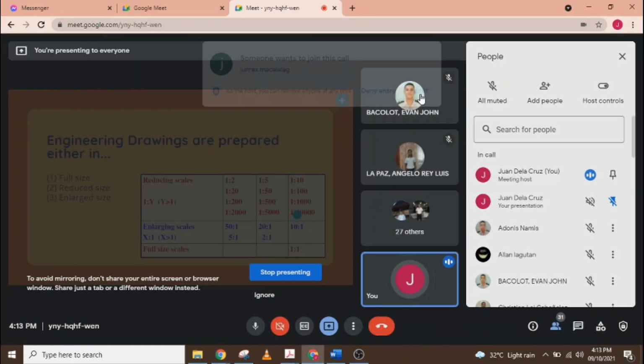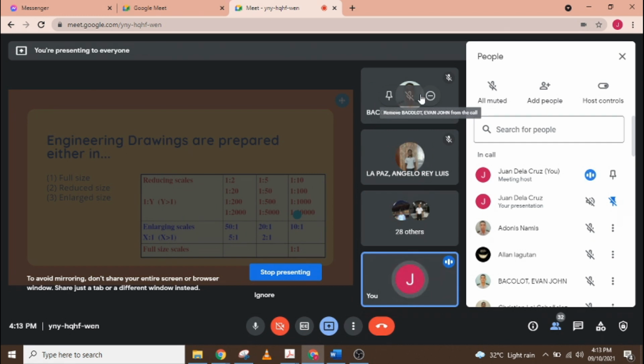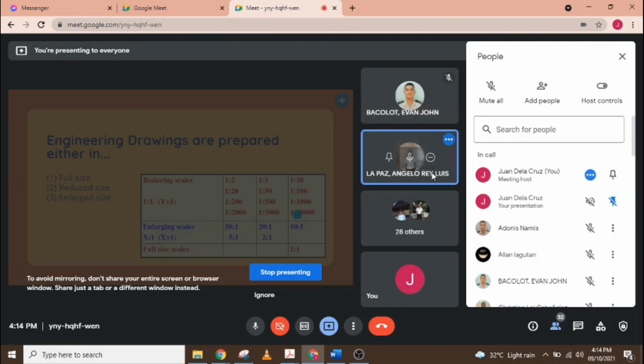Now I have a question class. Based on those values, looking at the table, what do you think is the pagkakaiba ng reducing scales sa enlarging scales? How will we determine kung reduced scale ba yan o enlarged scale? Sige, go ahead, Lapas. Reduce sir kay mas malaki sa right side.